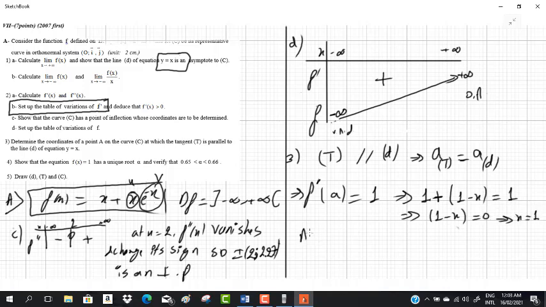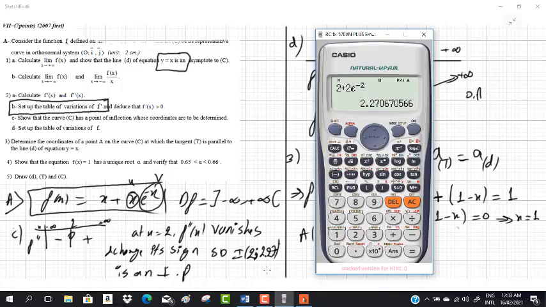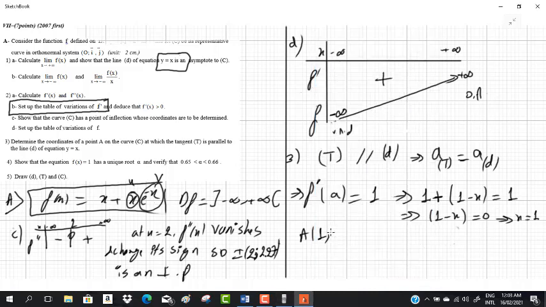So the point A has abscissa 1 and ordinate f of 1. f of 1 is 1 plus exponential of minus 1. We replace in the function f and it gives 1.36. This is the point A.